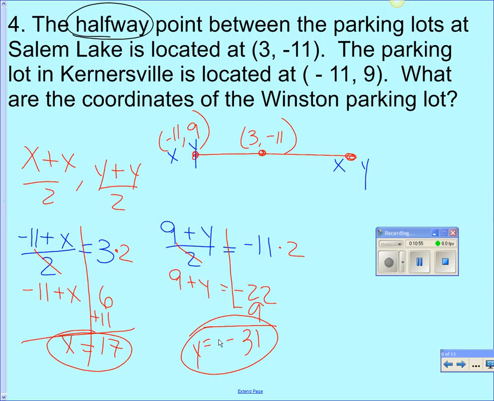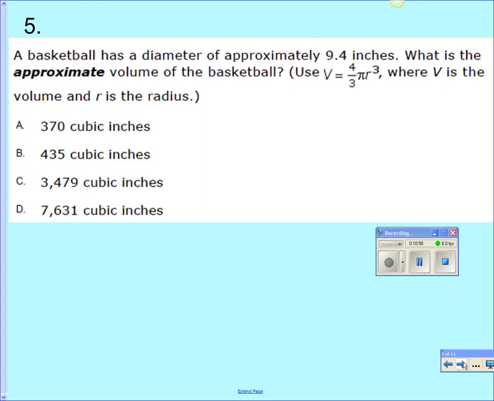We got it? Okay. All right. Number 5, a basketball has a diameter of approximately 9.4 inches. What is the approximate volume of the basketball? Use V equals 4/3 pi r to the third, where V is the volume and r is the radius.